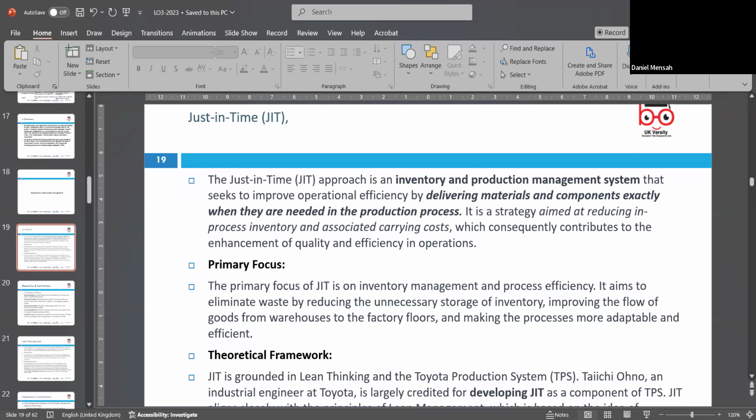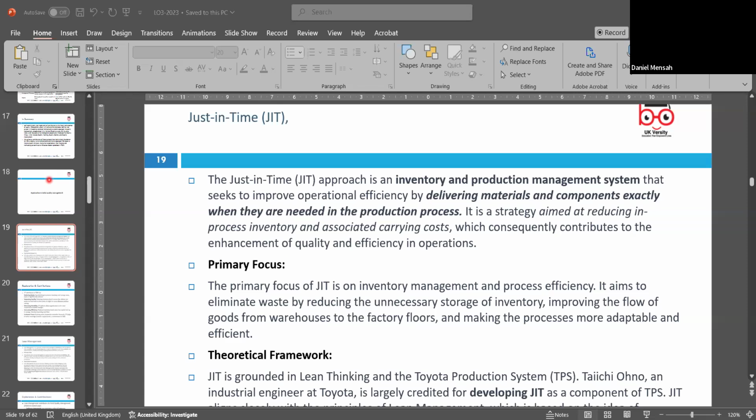So if we talk about just-in-time, it is an approach that helps to minimize the inventory level by delivering material just whenever needed. You are not going to stock the material in your storerooms, and you are not going to pay any kind of storage cost and carrying cost of the stock or inventory level.